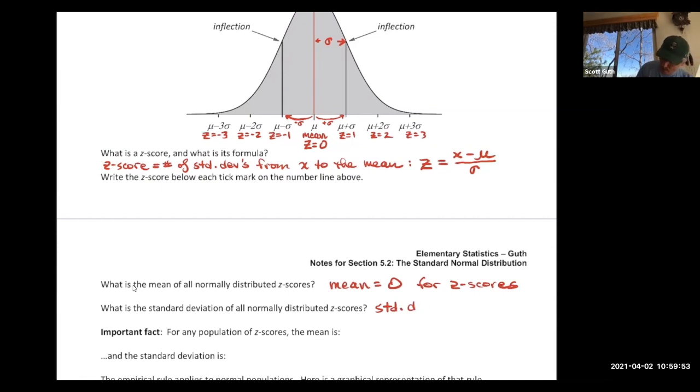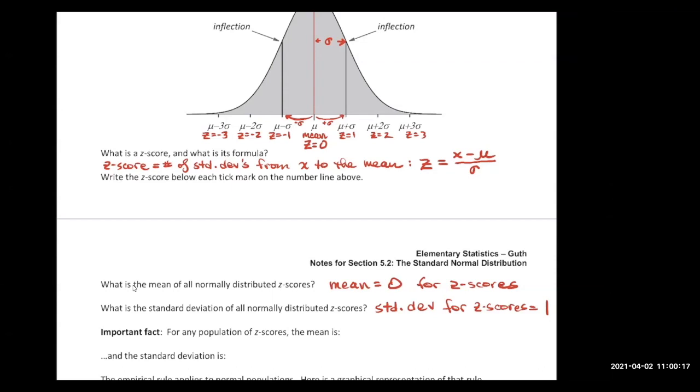So the standard deviation for any collection of z-scores is always 1. You see how we're making all of the distributions out there the same? Just by taking z-scores, you end up with a new collection of numbers that always has a mean of 0 and always has a standard deviation of 1.